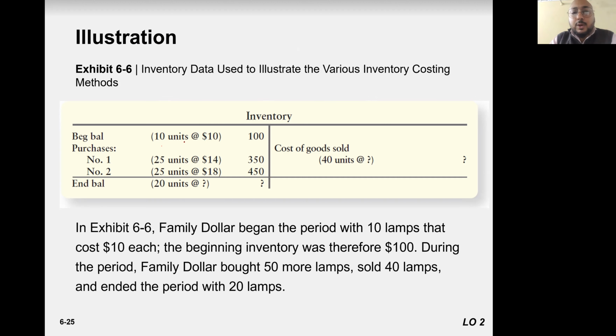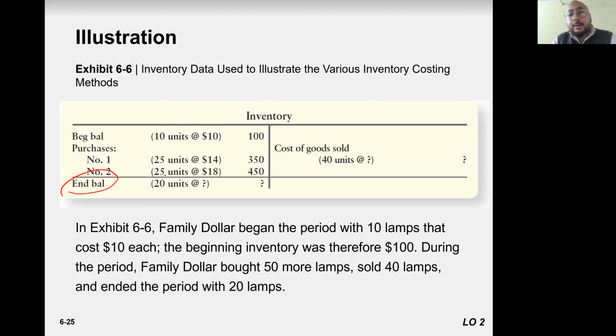So you have a balance of 10 units at a price of 10, so inventory cost 100. Then you bought 25 units at 14, and the inventory is now 350. And then you bought another 25 at 18 per unit, and the total cost is 450. Now, how much is the ending balance?